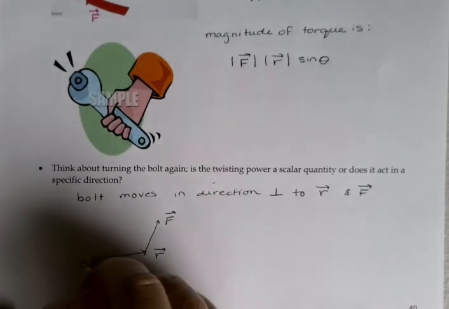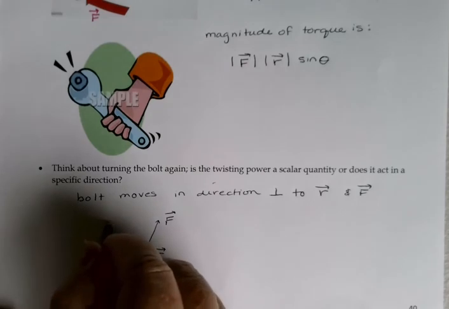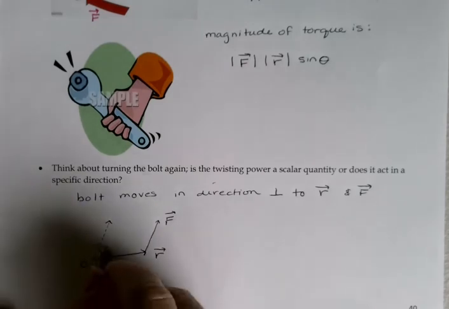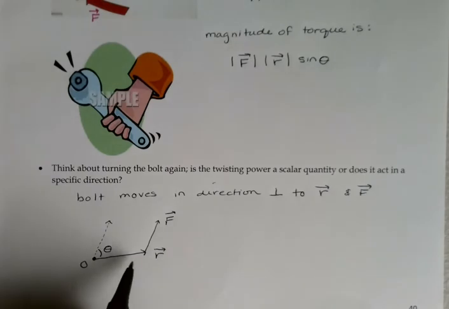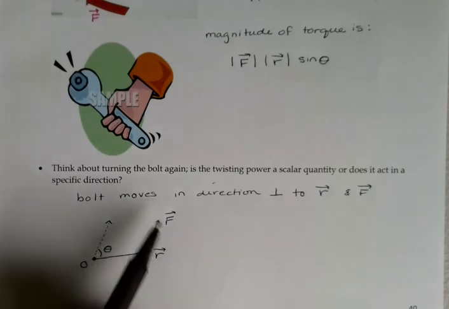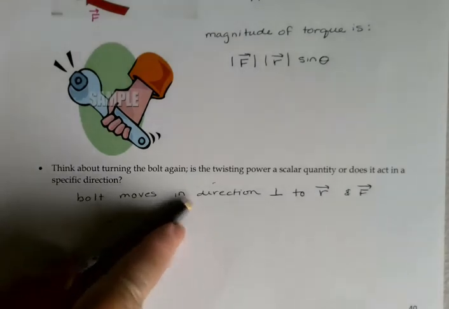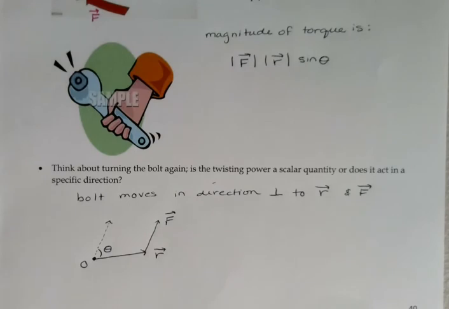Then if I take that F and sort of translate it back to the origin, that gives me my angle theta. Which way is this bolt going to move? Well, let's see. If this is my wrench and I'm pushing this way, it turns my wrench to the left. And you remember the old saying, righty-tighty, lefty-loosey? We should be loosening that bolt, right? It should be coming up out of the page.